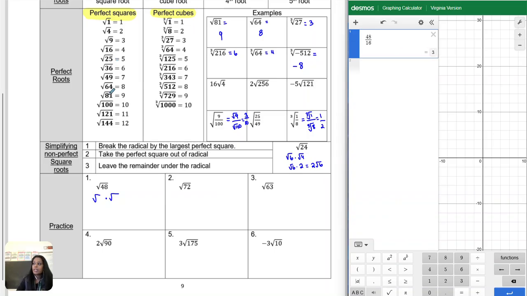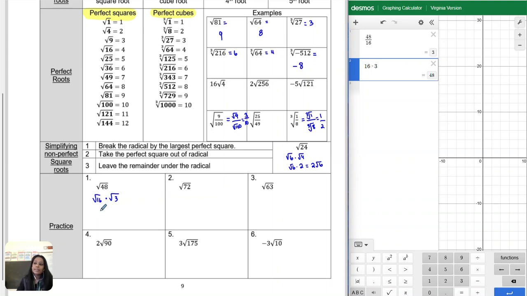There you go, 16 works. So 16 times 3 gives you the 48 that I'm looking for. So I can say square root of 16 times square root of 3 equals square root of 48. These two are equivalent.